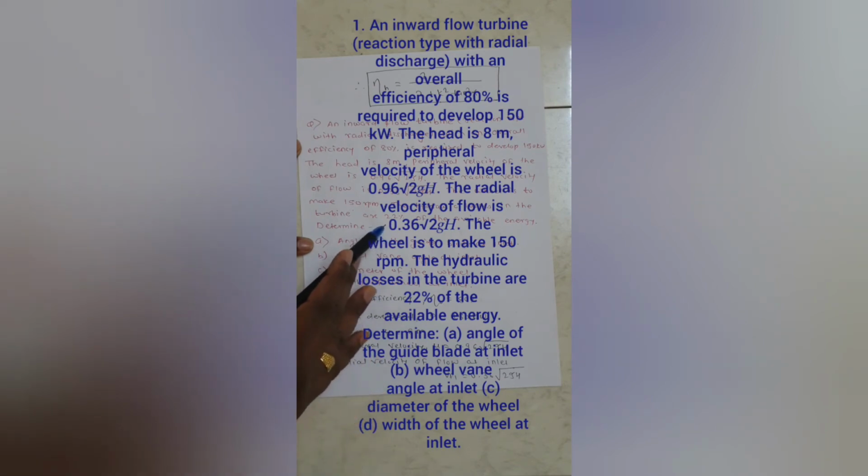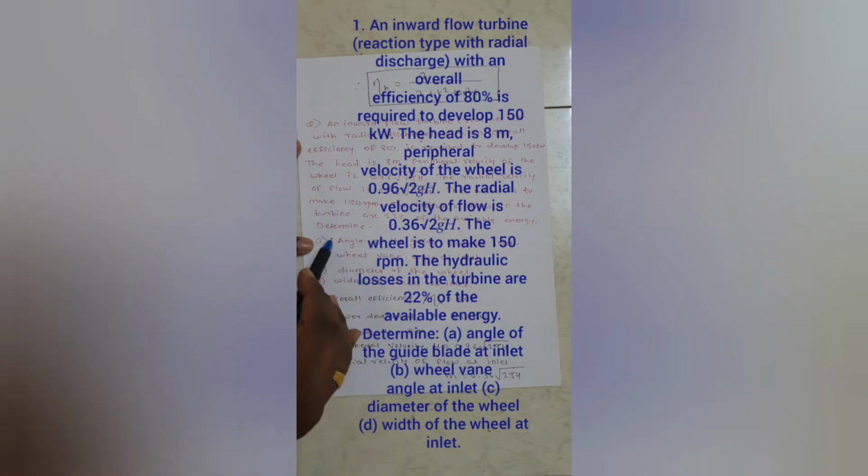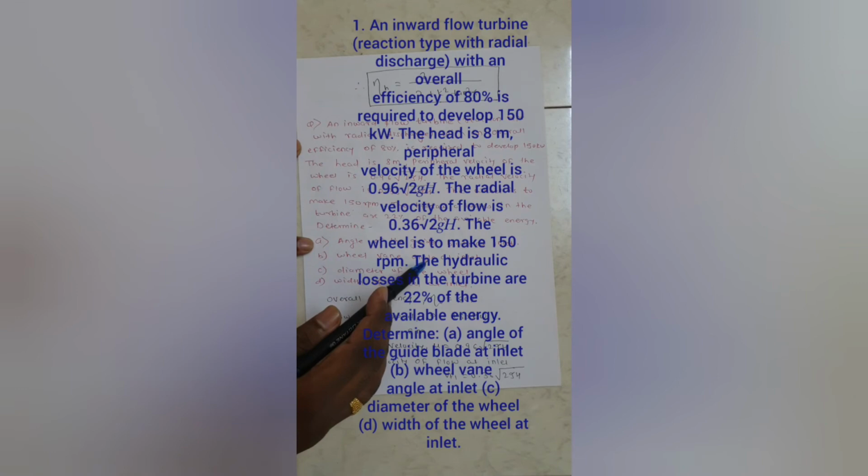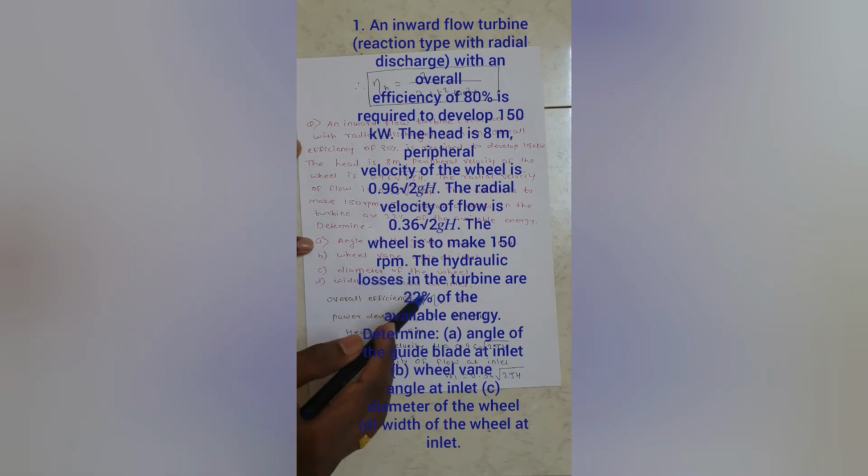Hydraulic losses are 22%, that means hydraulic efficiency is 100 minus 22, that is 78%. Determine the angle of guide blade at inlet, that is alpha. The wheel vane angle at inlet, that is theta. Determine the diameters of the wheel, d1 and d2. The width of the wheel at inlet, that is b1.